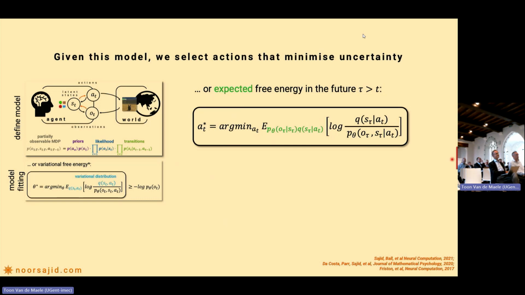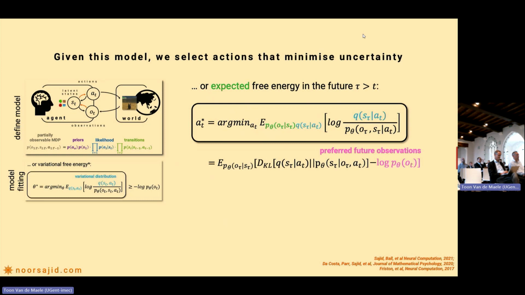This way of formalizing action planning gives us a formal way of scoring each possible trajectory or action in terms of its ability to reach a preferred latent state or outcome of interest. Here, that means we're defining some sort of preferred future observation. We don't have an actual reward function, but we have something very analogous, which can be written out as a multi-objective way of defining what the agent would like to do in the future.